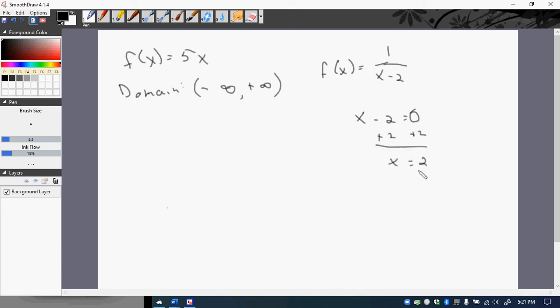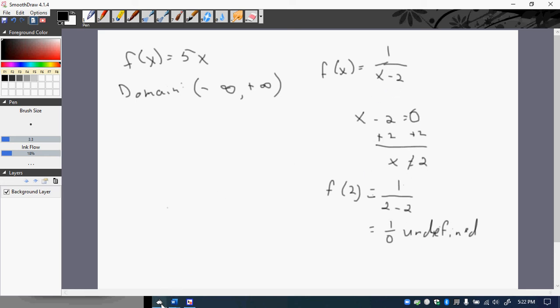That's telling me that I cannot put 2 into this particular function, because if I do that, I get an error. 2 minus 2 gives me 1 over 0, which is undefined, and we can't do that. So that's the reason why you can't have it at 2.